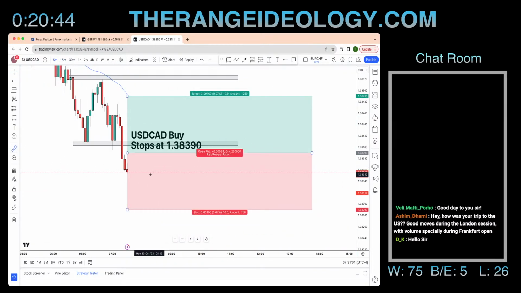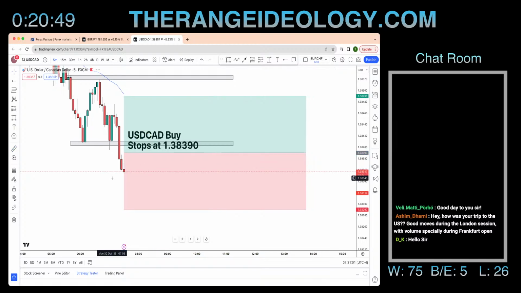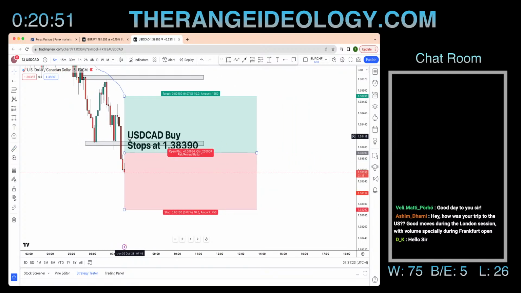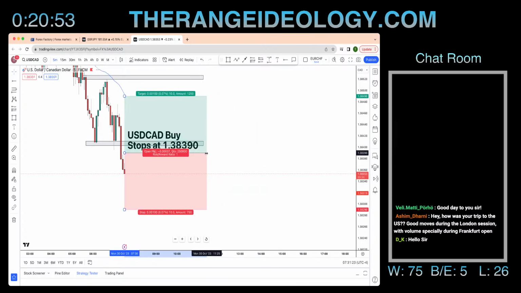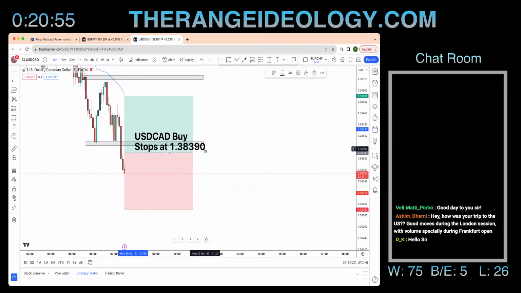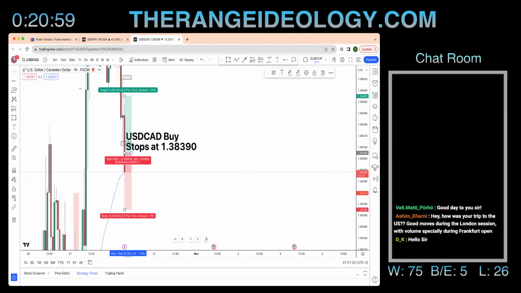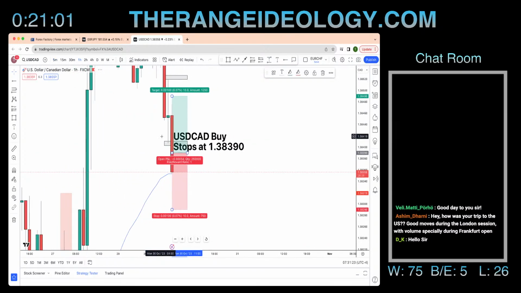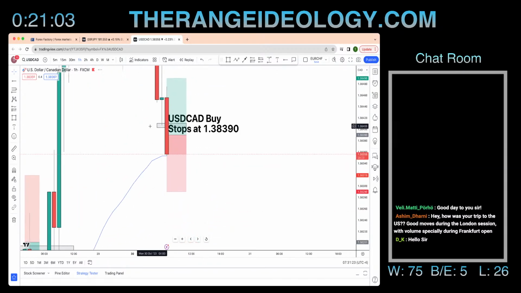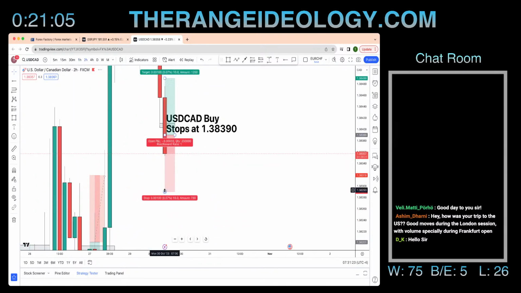Okay. Now, USD CAD again did not come up here fully while we were adjusting the buy stops for USD CAD. Again, looking for that potential reversal right back into that range before the hour closes. Right, so the hour can close right back into the range, unless there's a strong bearish push and it continues to pummel down.